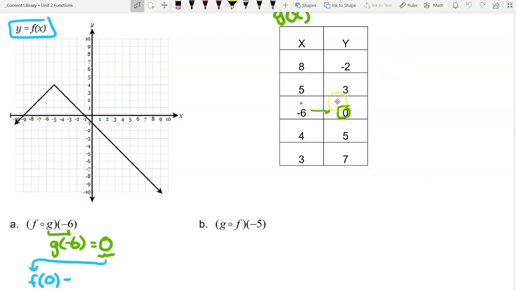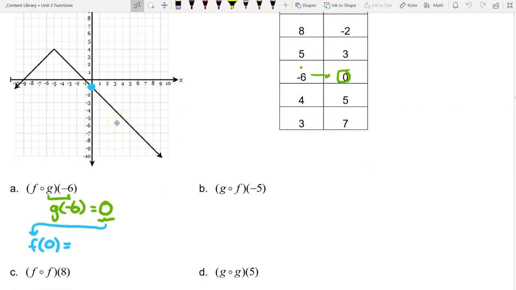So now instead of it being a y, it's the x. So I go over to the f function, which is the graph, and I go to 0 on the x. So I'm going to follow this line until I find 0, which is right here. Go down and find where this function hits 0, which is the y answer is negative 1. Okay, so my answer that I would put in the box is negative 1.